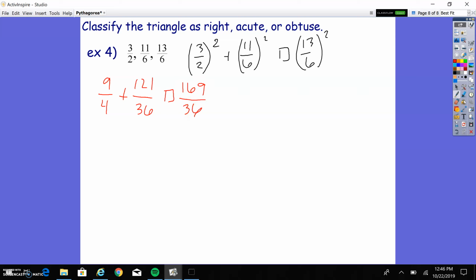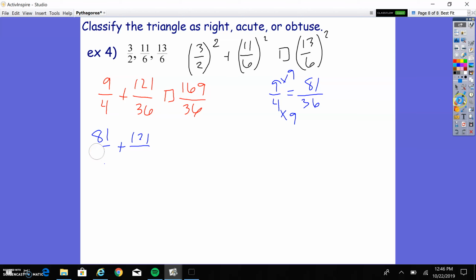Now, we need to add 9 over 4 and 121 over 36, but we're going to need a common denominator to do that. So it looks like the common denominator that I need to use is 36. So I'm going to do some scratch work over here. 9 over 4, I need to change it to have a denominator of 36. So I'm multiplying by 9 at the bottom, so I need to multiply by 9 on the top, so 81. So this is actually 81 over 36.